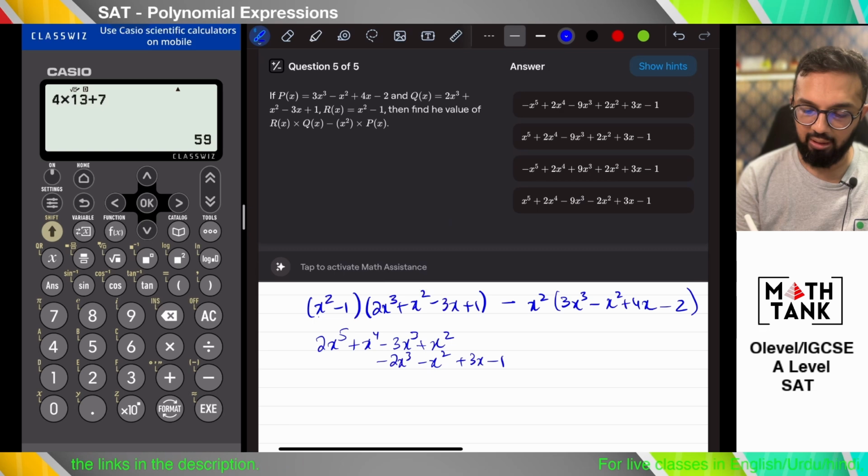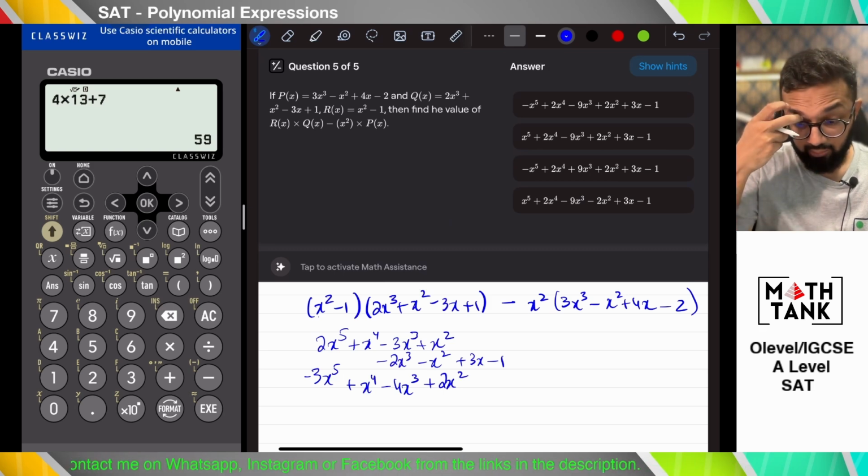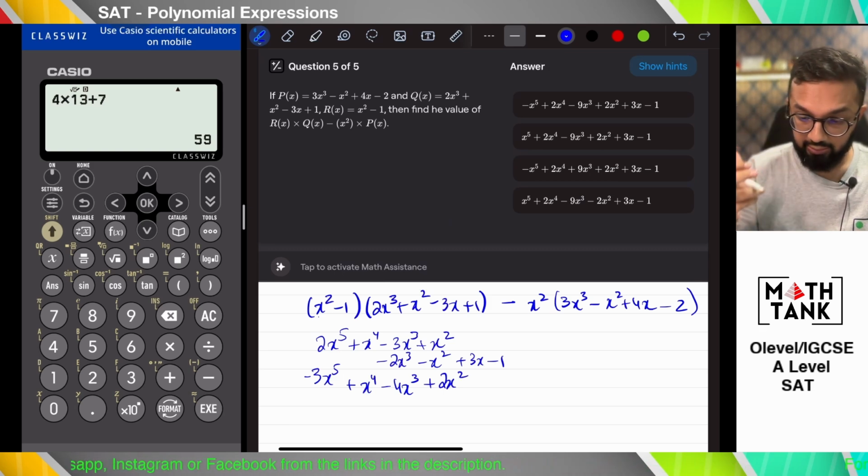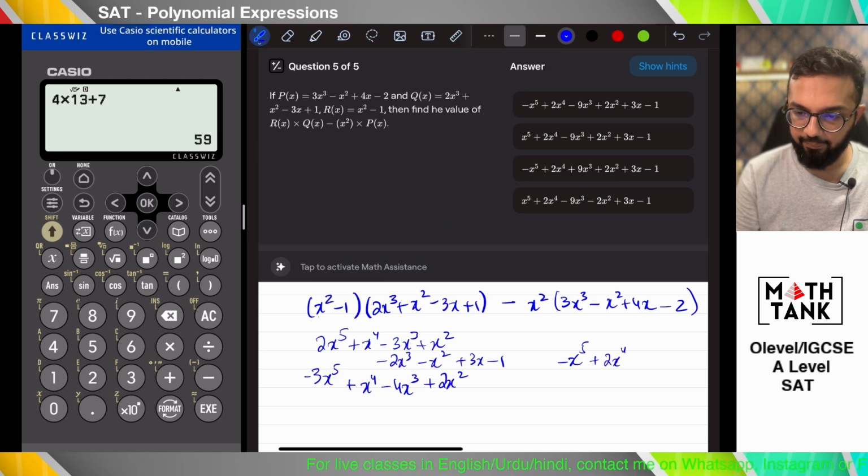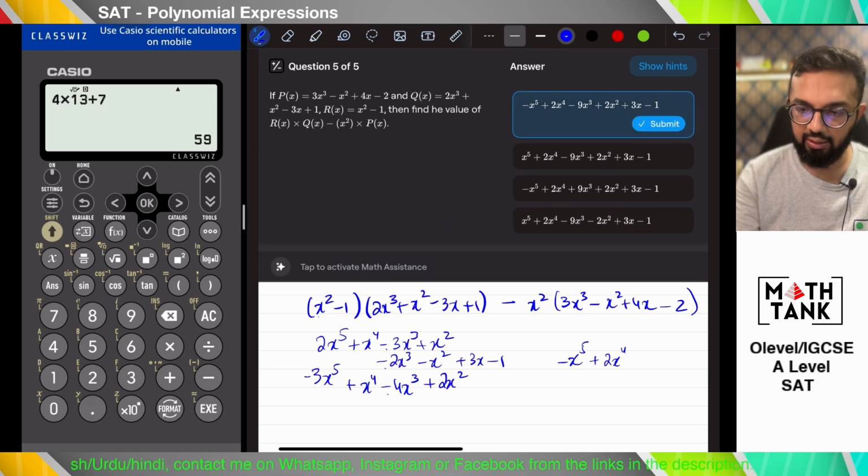Okay, then minus 3x power 5 plus x power 4. Okay, I think that is it for subtraction. 2x power 5 minus 3x power 5 gives me a minus x power 5 to start with, and then it should give me plus 2x power 4, and it's either A or C. It's minus 3 minus 2 minus 4 gives me minus 9. That should be the correct answer.